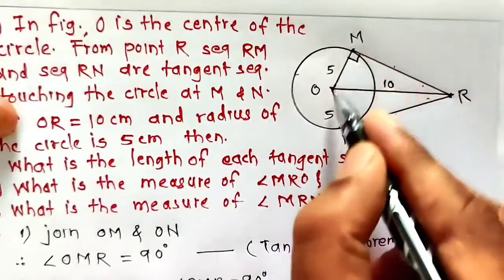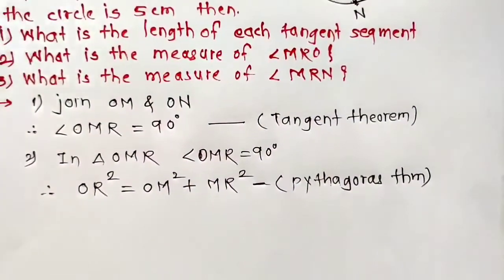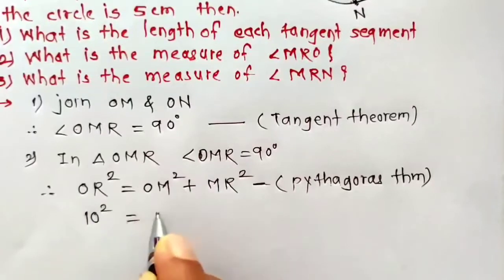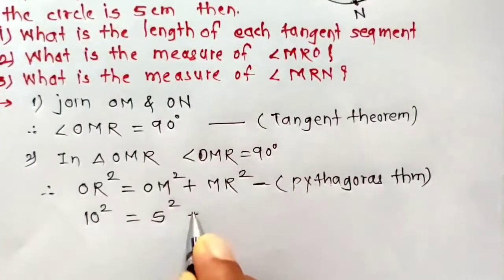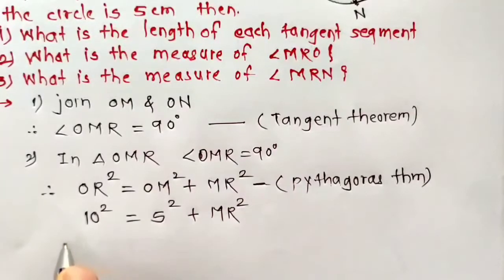OR square is equal to OM square plus MR square. Now substitute the values. The values are given. OR is 10. So 10 square is equal to OM, meaning radius, 5 square plus MR square. MR is the length of the tangent segment that we have to find.